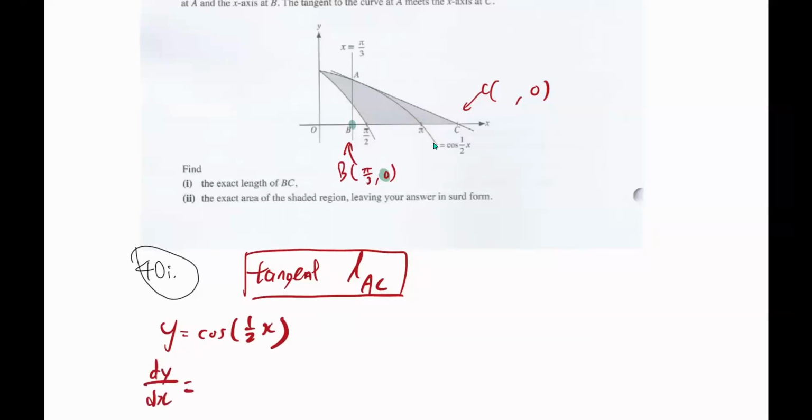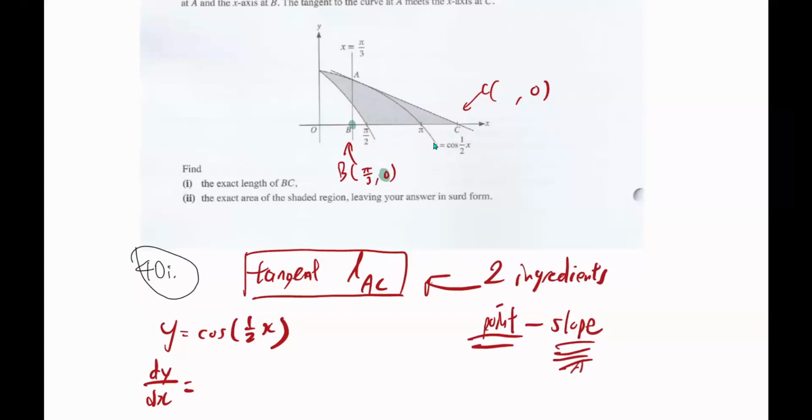Tell me again, for a straight line, what are the 2 ingredients you need? The point-slope formula. A point and a slope. Exactly, you got it. So first you need a point that is on the line LAC, and then you need the slope, the gradient.